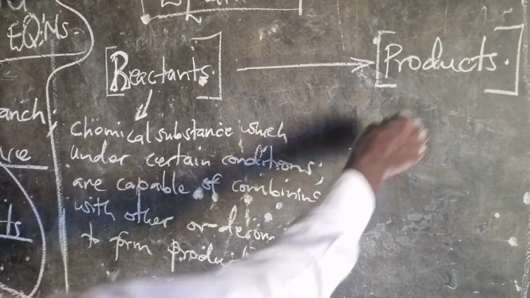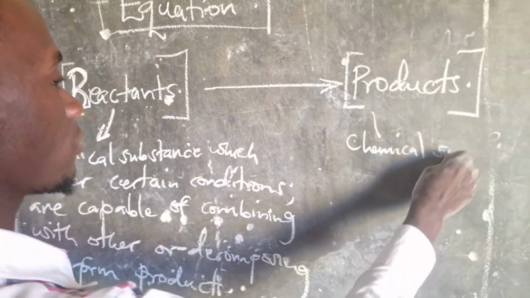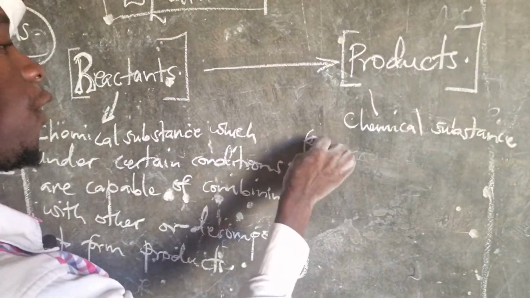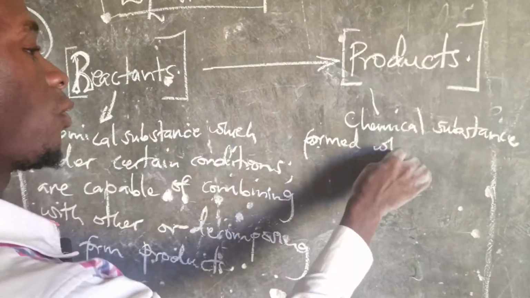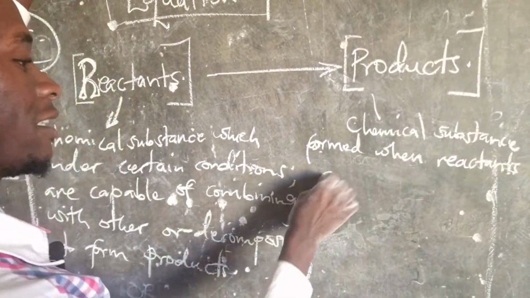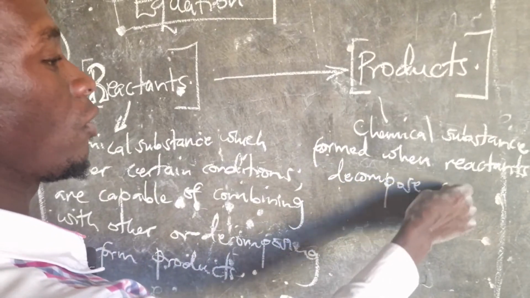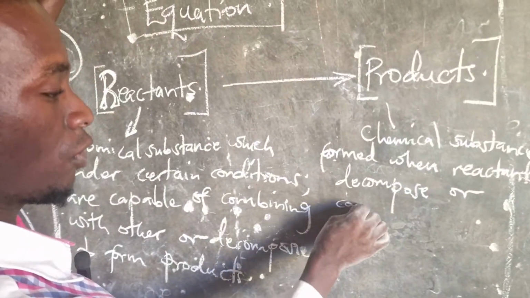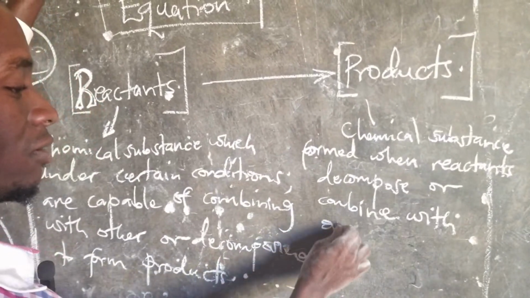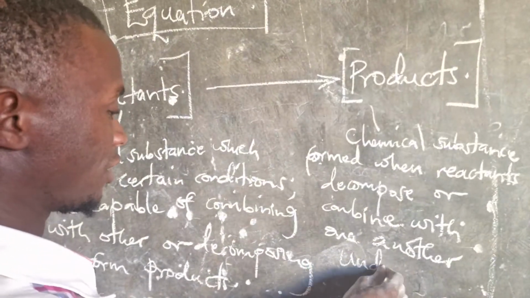And then products will be the chemical substances formed when reactants decompose or combine with one another under certain conditions.